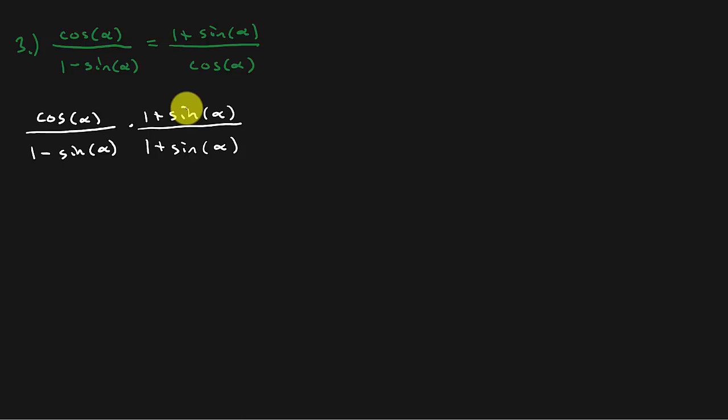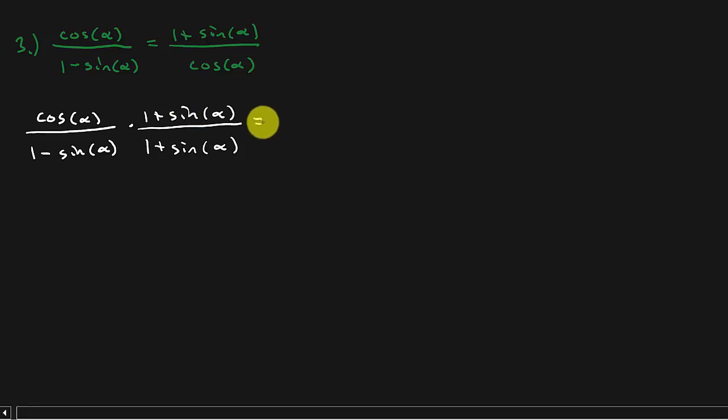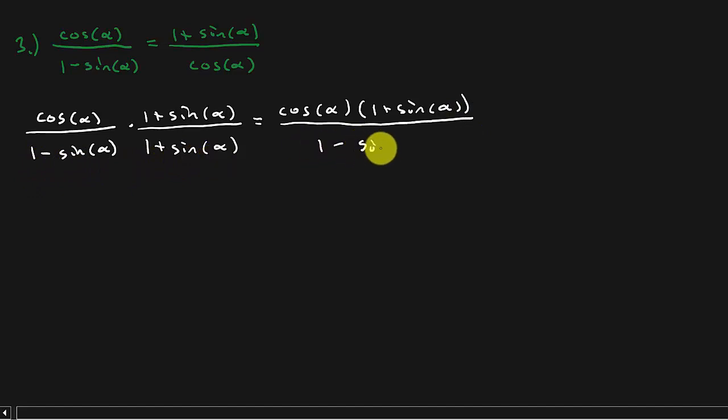All right, so let's multiply this. So this is going to be cosine alpha times 1 plus sine alpha over, now this is what? A minus b times a plus b. So that's a squared, which is 1, minus b squared, which is sine squared. All right? Now let's look and see what I'm trying to do.